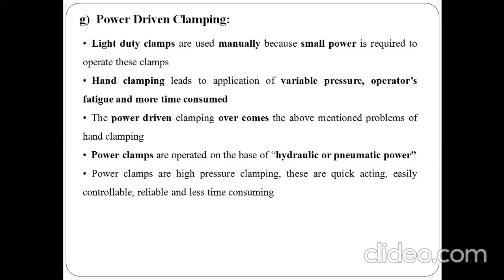The pressure which is applied with the help of this light duty clamp manually, it is variable pressure applied over the surface of your workpiece, and there is operator fatigue, and it is a more time consuming process. So these are some disadvantages of your hand operated clamps, overcome by power driven clamping element. It overcomes these disadvantages of your light duty clamps.